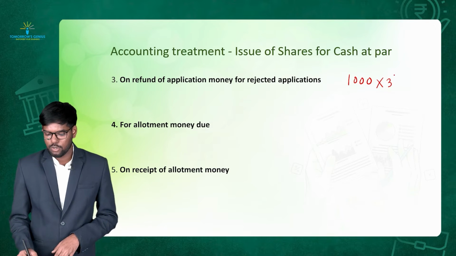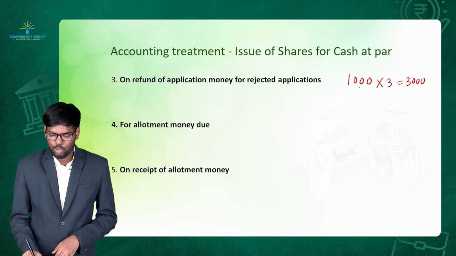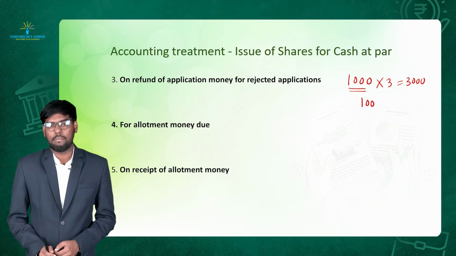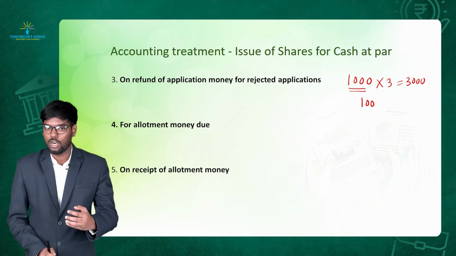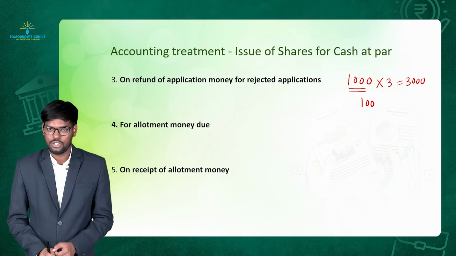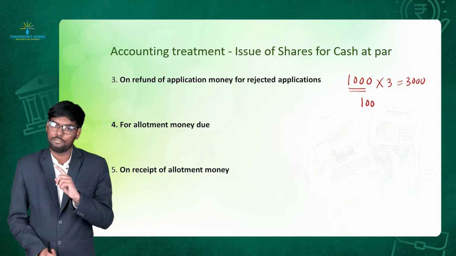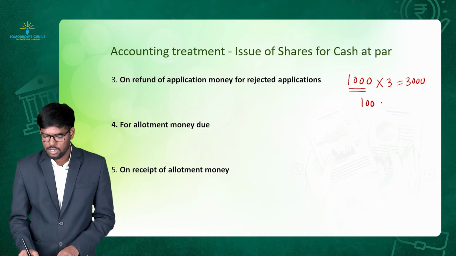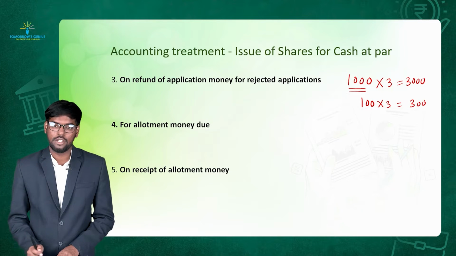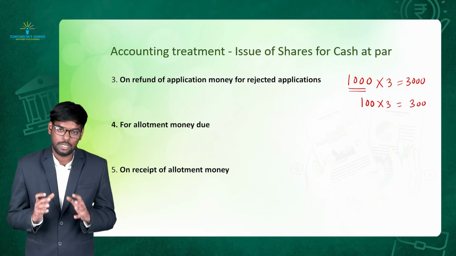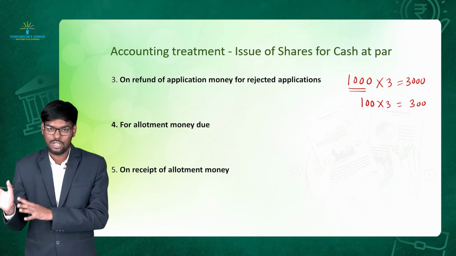So in total, company received 3000 rupees as application money. Out of these 1000 applications, company rejected 100 applications. So company is not going to allot shares to those 100 applicants, which means company has to refund the application money received on those 100 shares, and that is 100 multiplied by 3, which comes to 300 rupees.